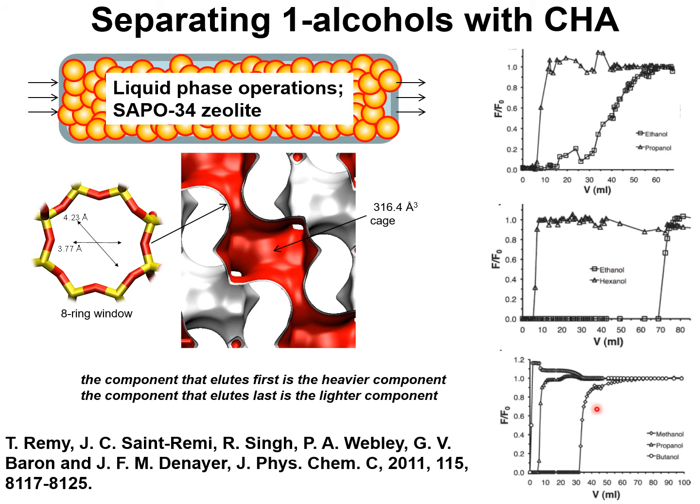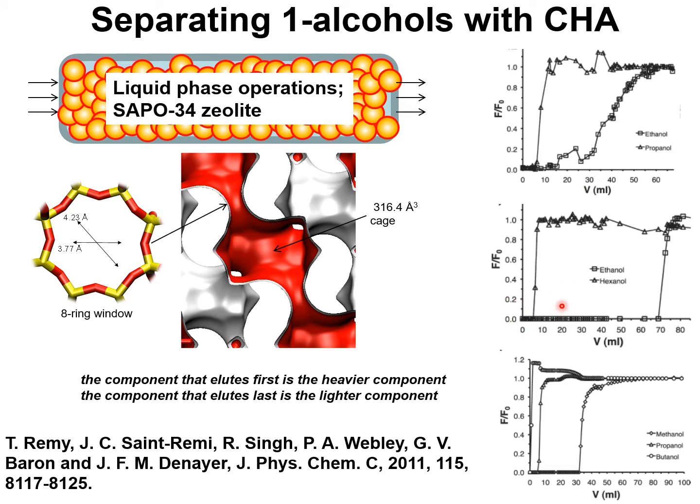Let's look at 3 of the experiments reported by Remy. We have mixtures of ethanol and propanol feed mixtures in equimolar proportions, and the breakthroughs show that the component to break through first is the longer alcohol, 1-propanol, and the shorter alcohol, ethanol, is the second component to break through.